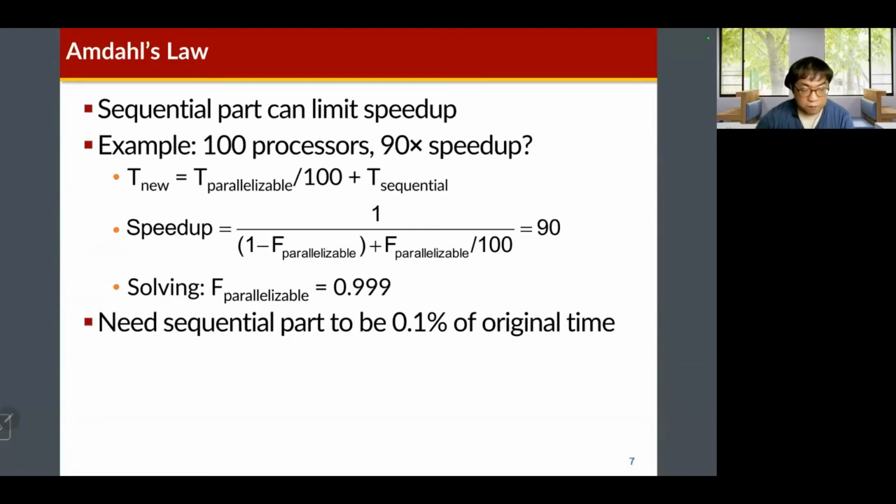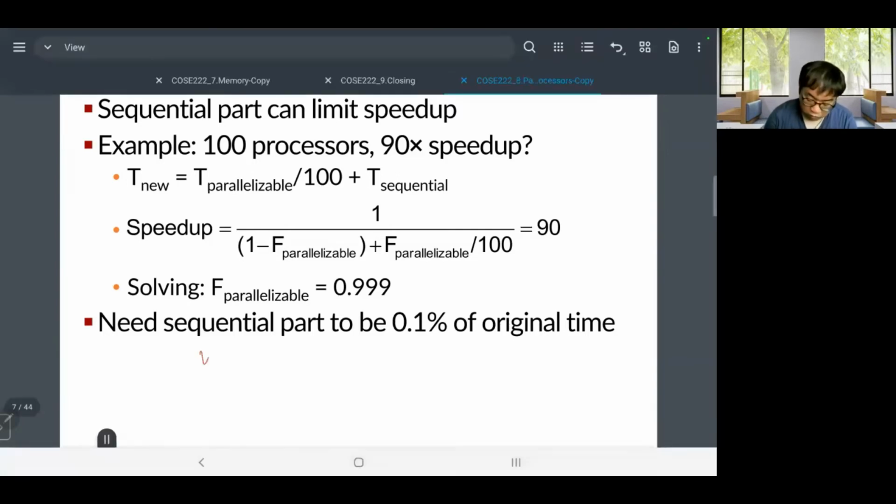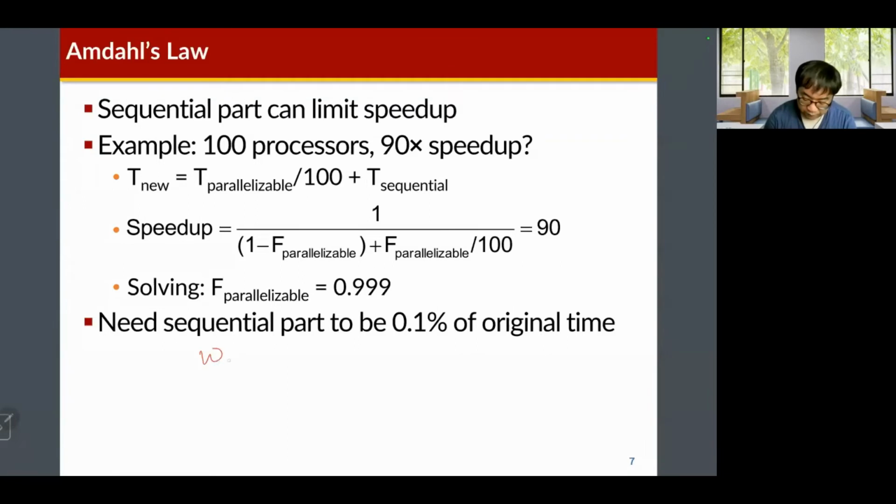Which means if we apply Amdahl's law to the parallel architecture, we can split our workload into the workload which can be parallelized and the workload which cannot be parallelized, right? Like this is the serial part.